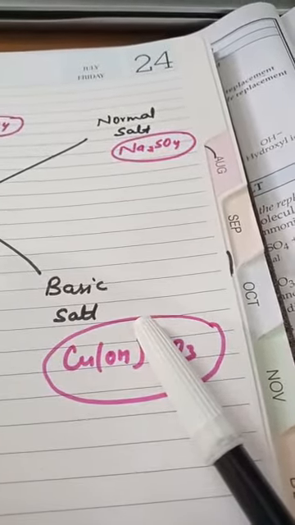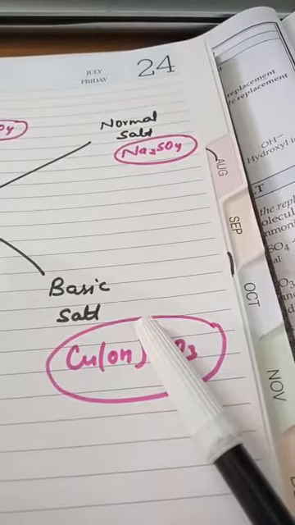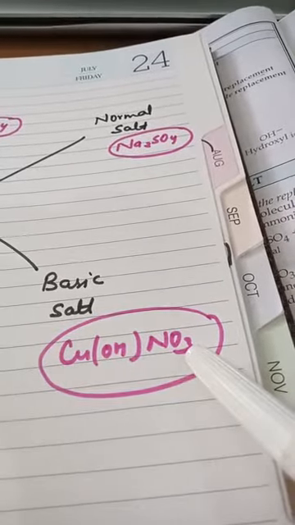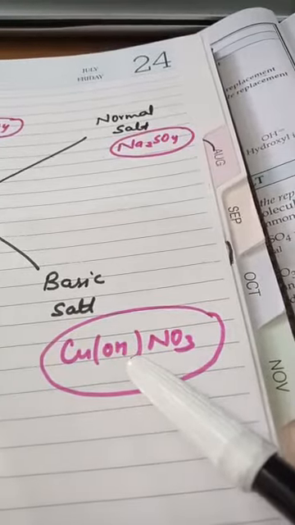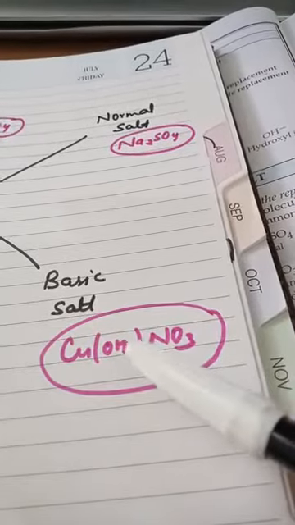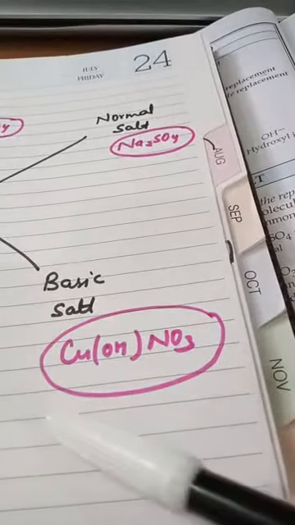So you know that in copper hydroxide there are two replaceable hydroxide ions, and only one is replaced here with this nitrate ion, other is already present in this base. So this type of salts contain one replaceable hydroxide ion in them. So this type of salts are called basic salt.